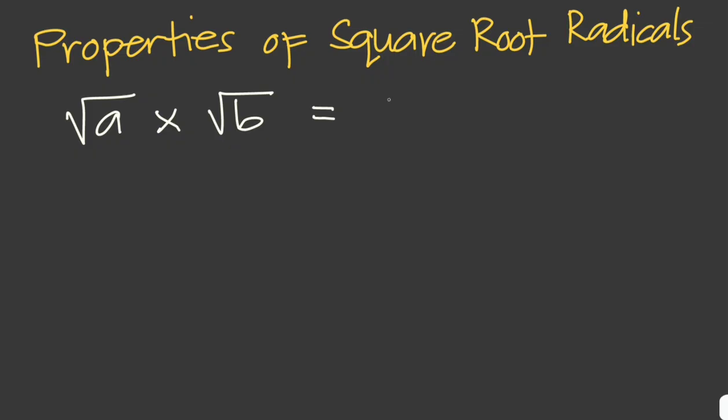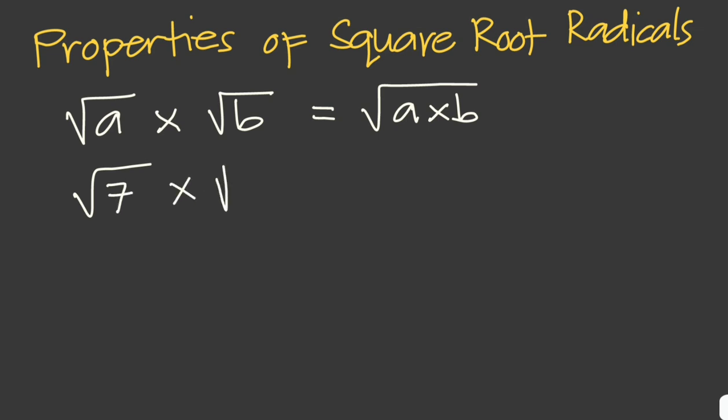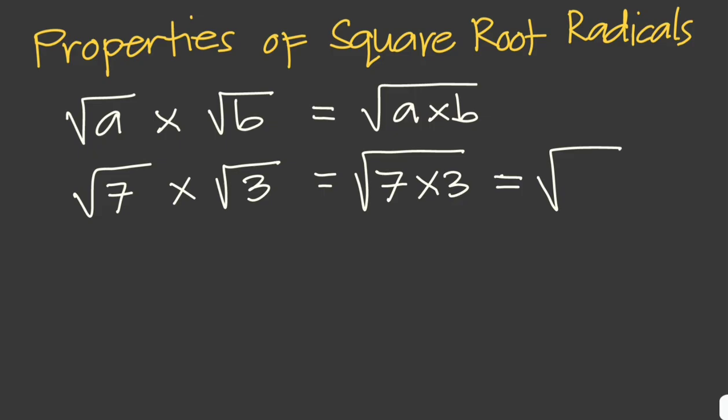So we can write this as the square root of a times b. Let's say we're given the square root of 7 times the square root of 3. Then we can write this as the square root of 7 times 3. And 7 times 3 is just equal to 21. So this is just equal to the square root of 21.